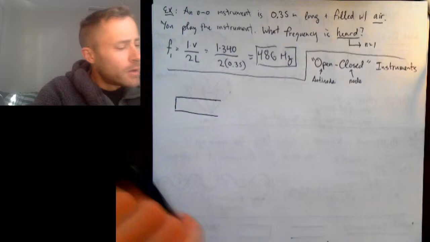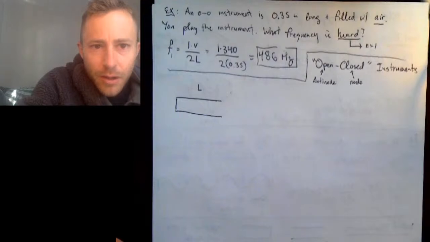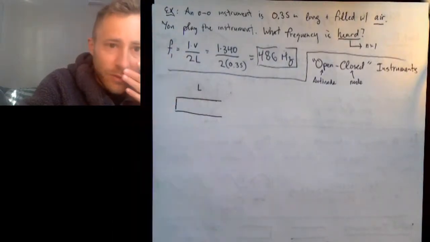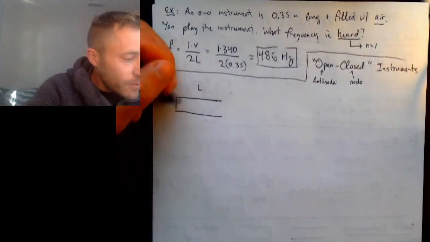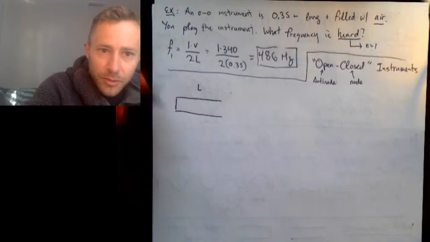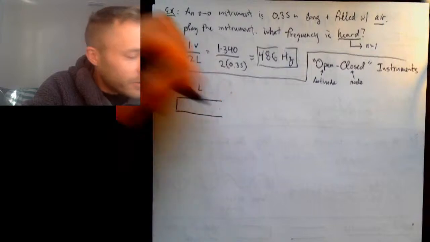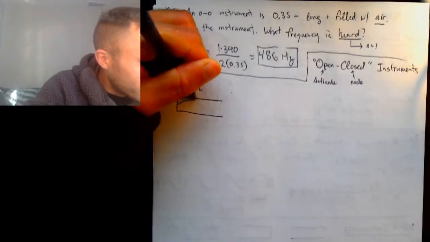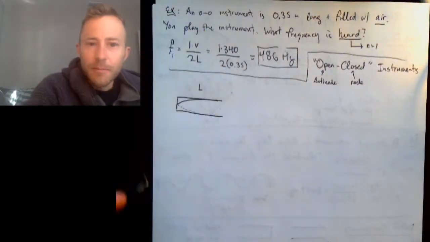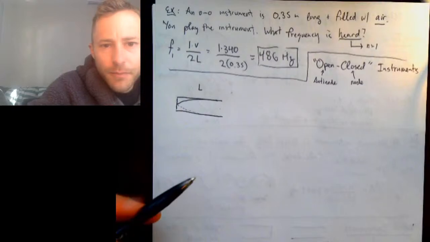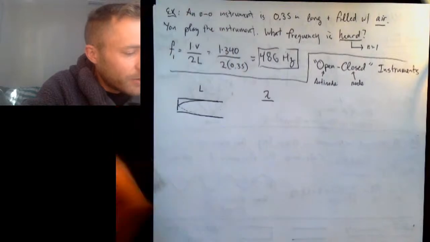Okay, so let's go ahead. The length of this instrument is L, and this one has a different formula, so we have to go a little bit carefully here. The simplest standing wave that I can draw with a node at this end and an antinode at this end looks kind of weird. It's like just that. What is the wavelength of this?